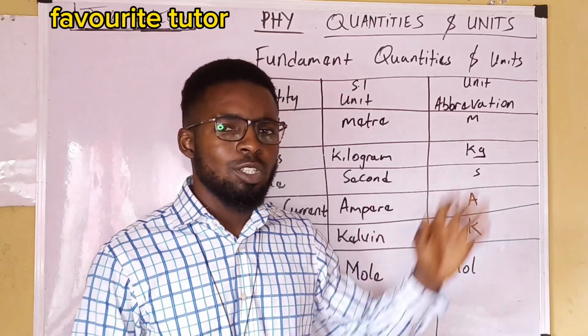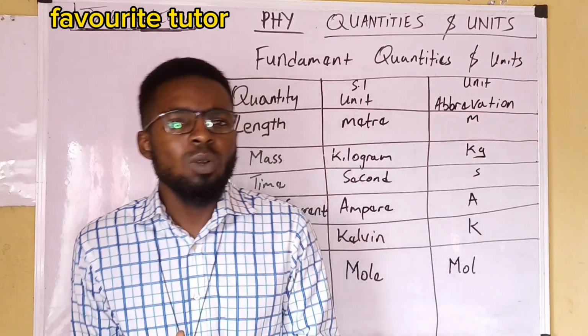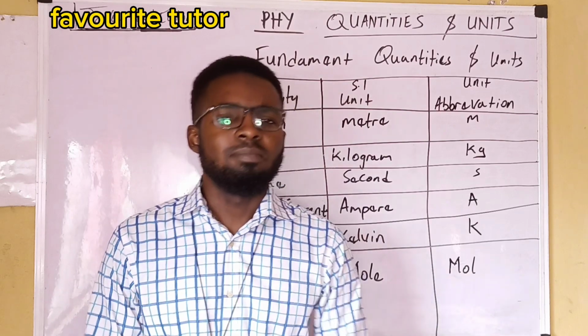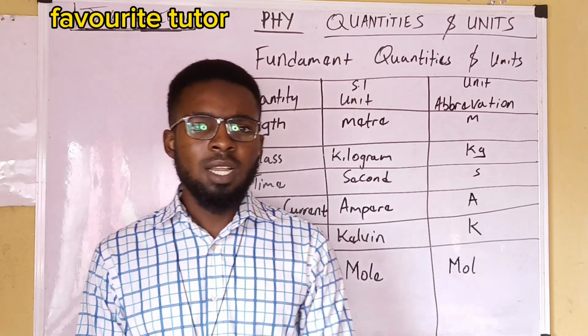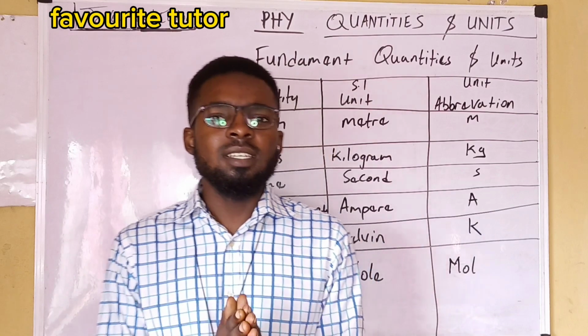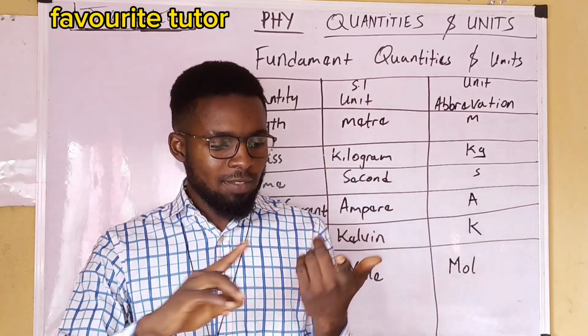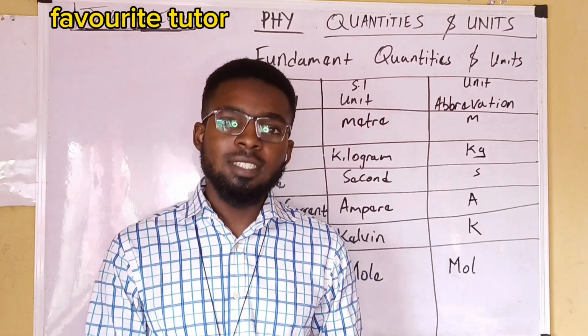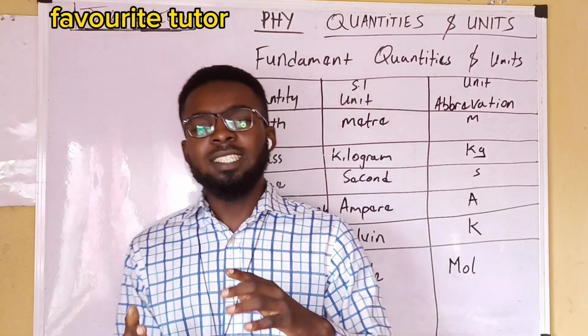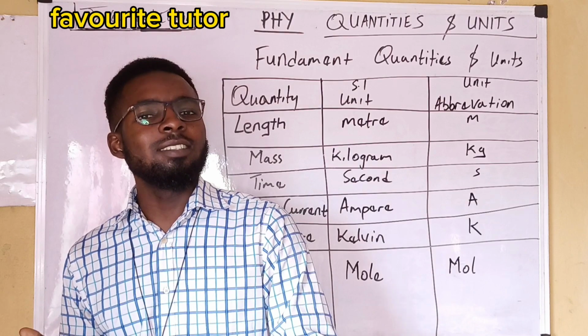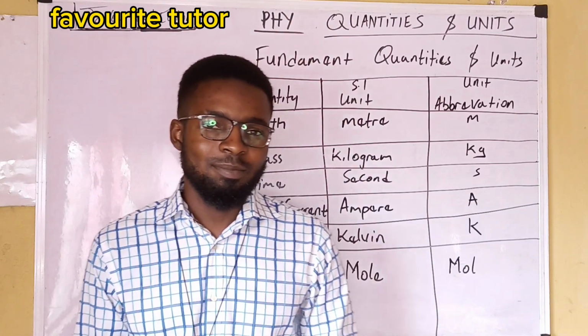Now, these quantities and units are divided into two branches. We have the fundamental quantities and units, and we have the derived quantities and units.